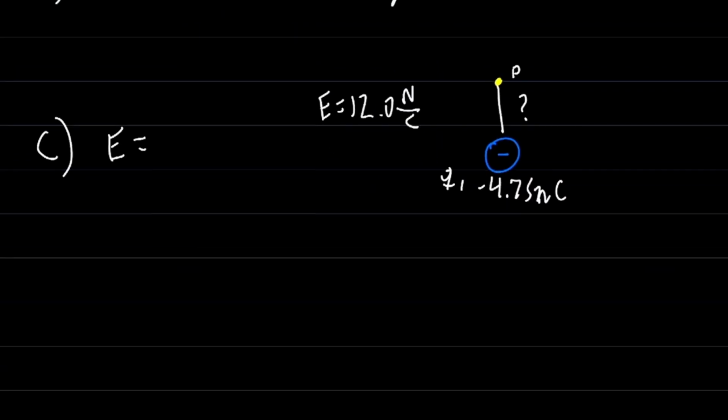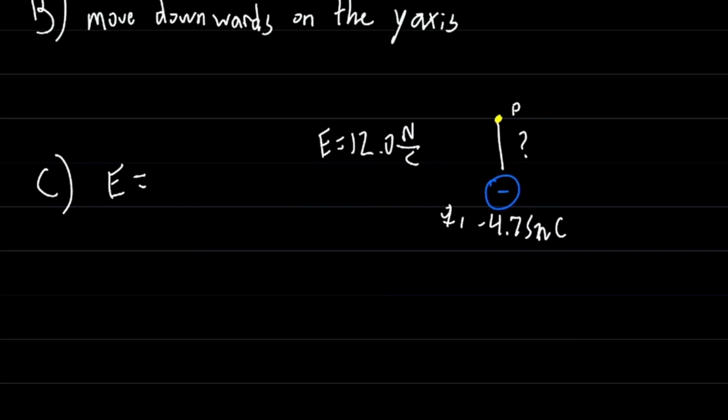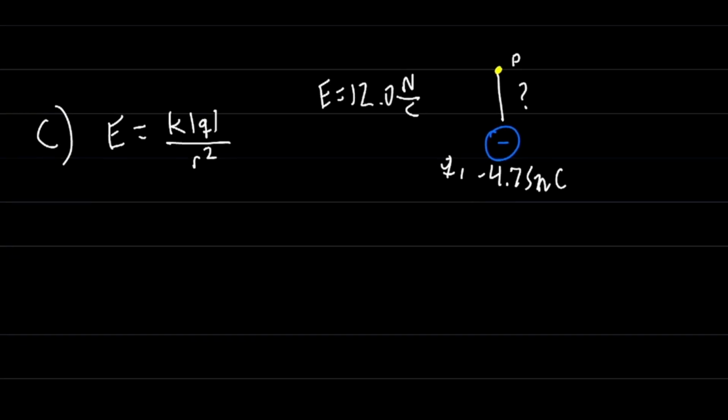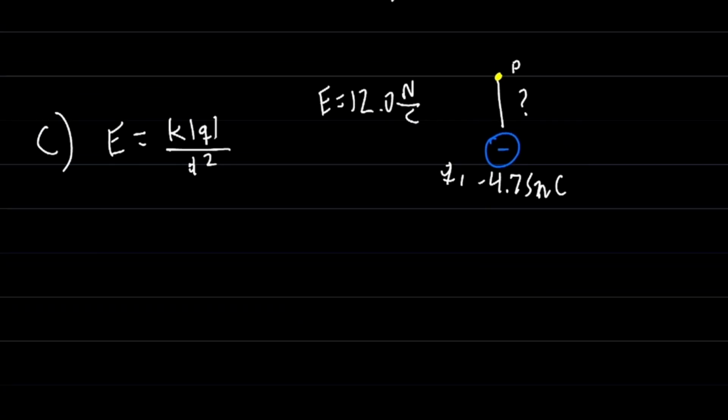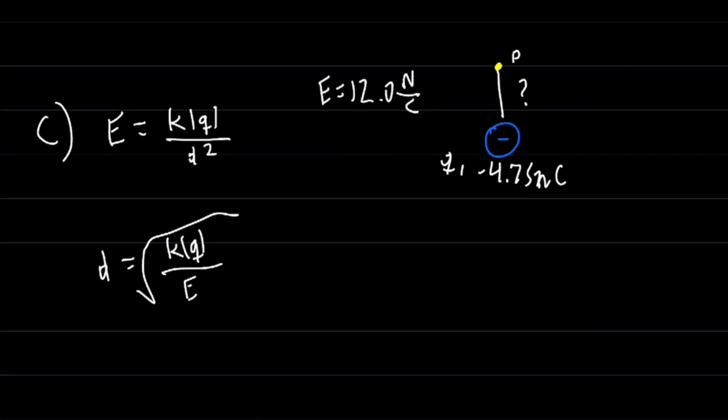So all we need to do is kind of derive our equation a little bit to find our exact distance. Here I'll write D because I've been writing D. So we can do a little bit of switching around here and get D is equal to the square root of KQ over E, because D is squared.